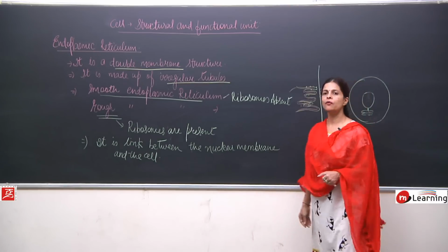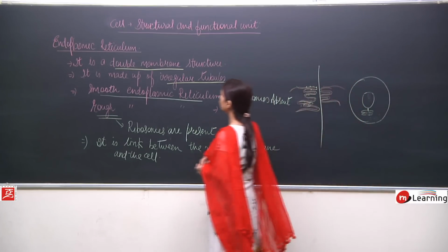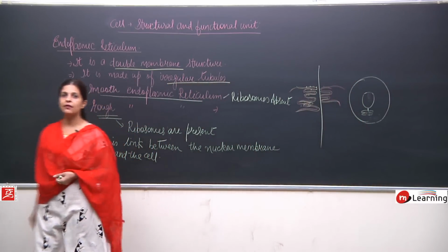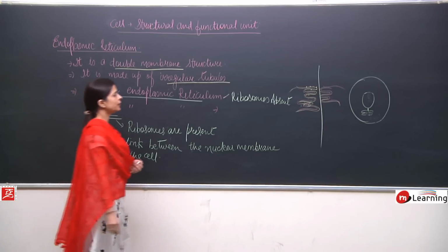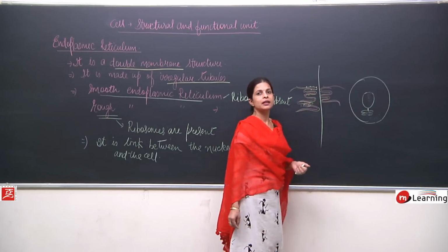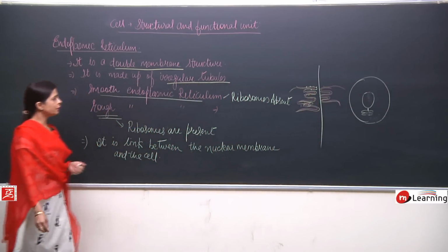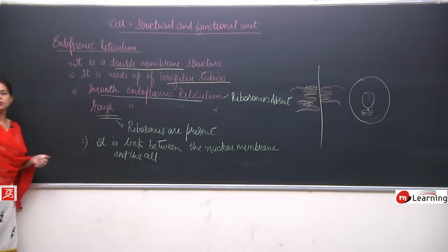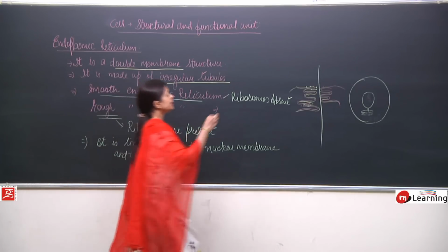What is the function of endoplasmic reticulum? What is the work of endoplasmic reticulum? The work of the endoplasmic reticulum is connected to these ribosomes. The function is to make protein.